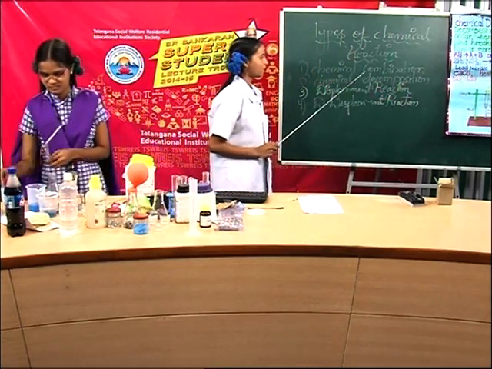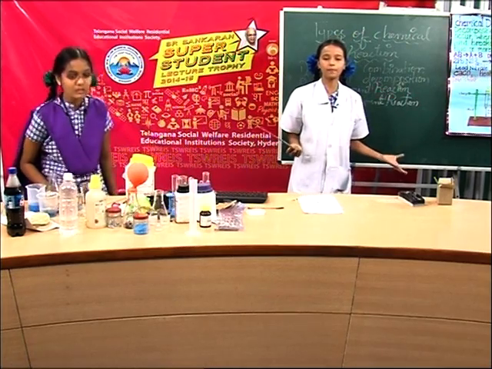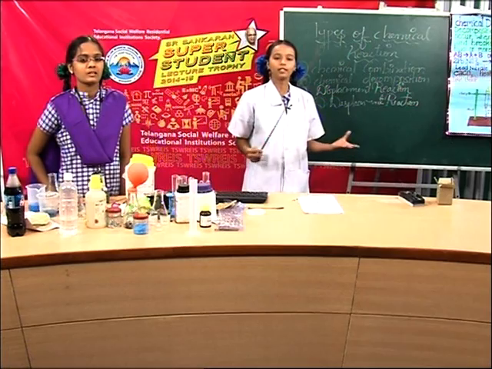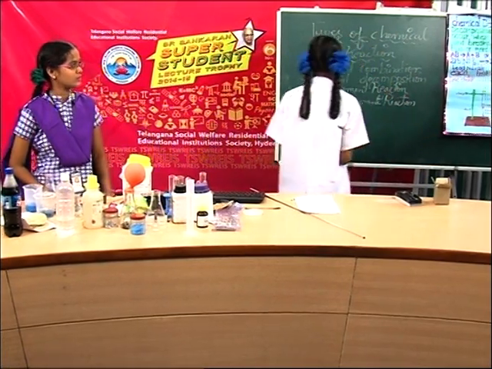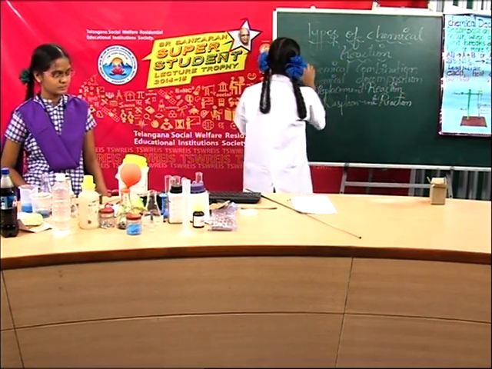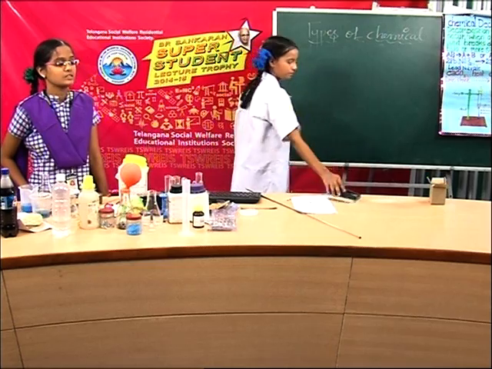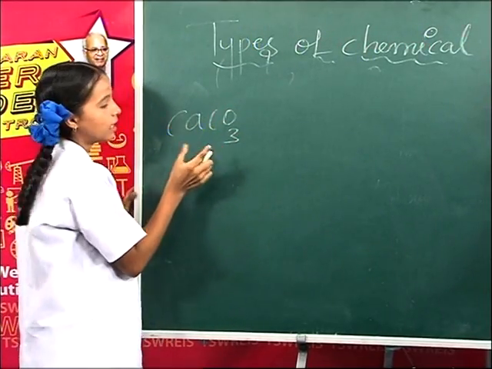Tswreis, the chemical decomposition reaction is nothing but, in this reaction the compound will be split into two or more simpler substances. This is called a chemical decomposition reaction. See Tswreis, I have taken calcium carbonate.